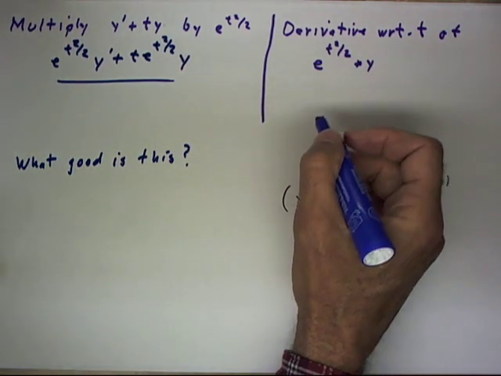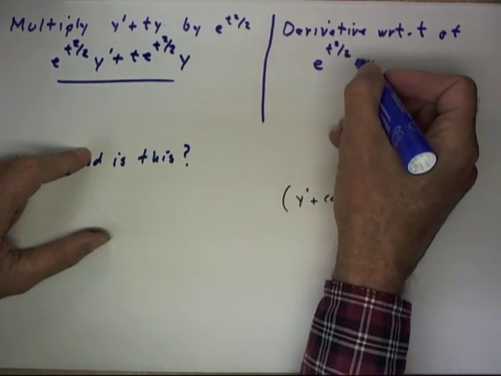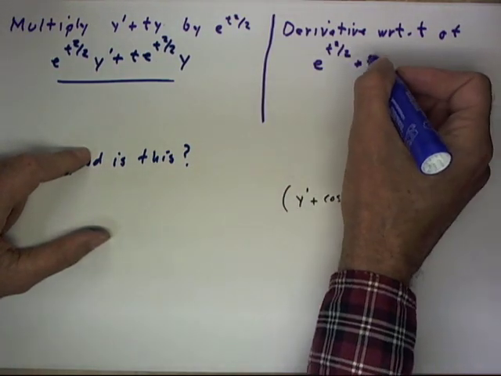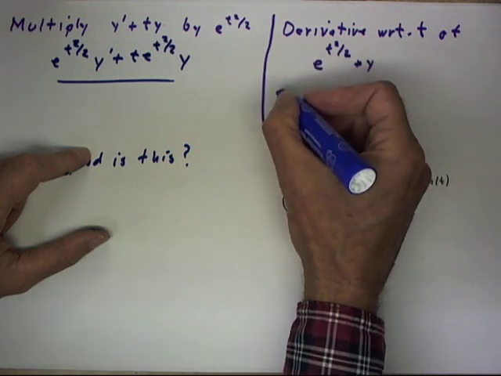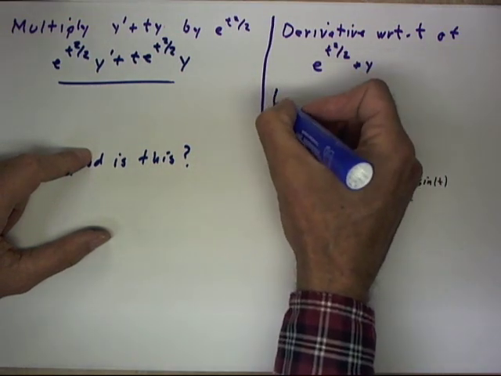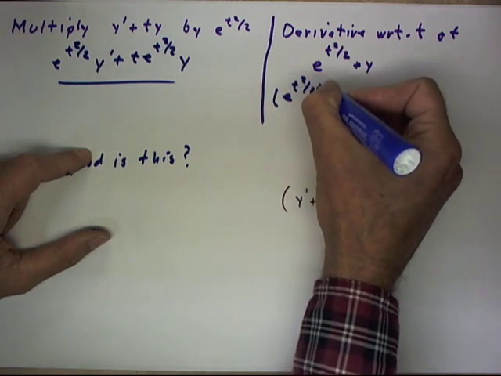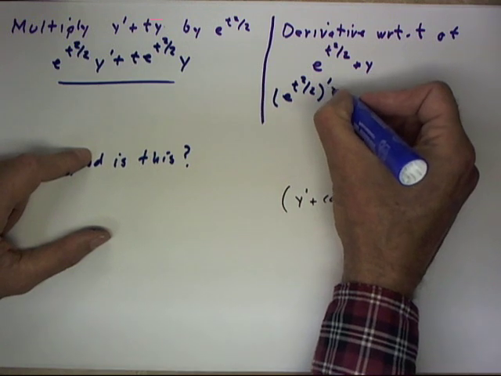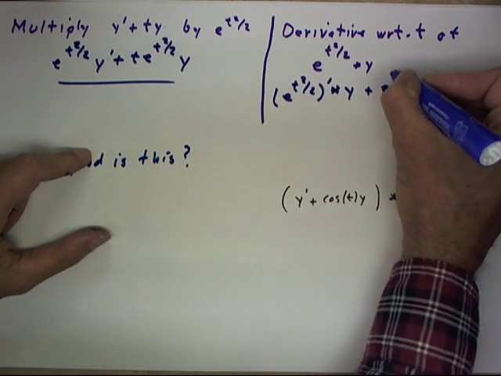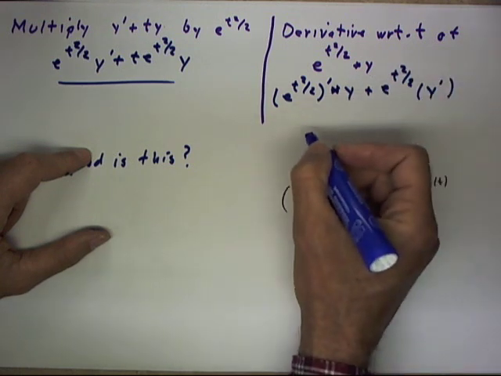Now, let's take the derivative with respect to t of e to the t squared over 2 times y. Now this derivative, we have a product of two functions, so our derivative is going to be the derivative of e to the t squared over 2 times y plus e to the t squared over 2 times y prime.